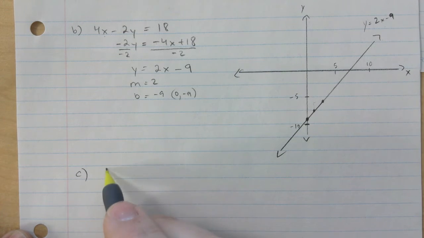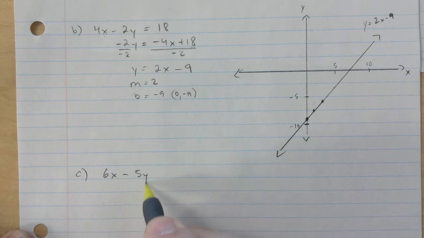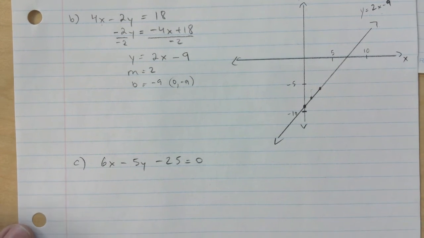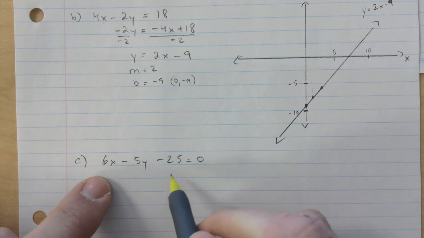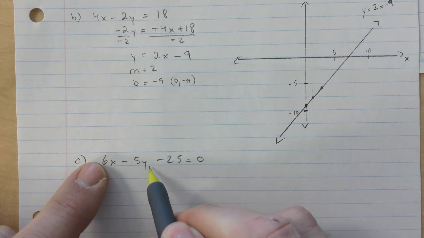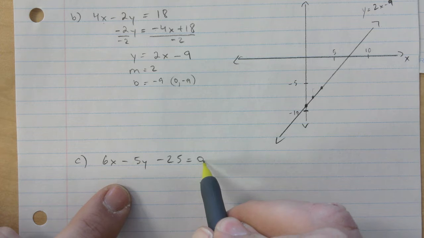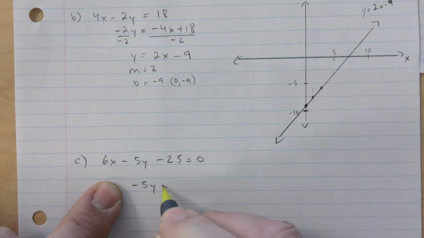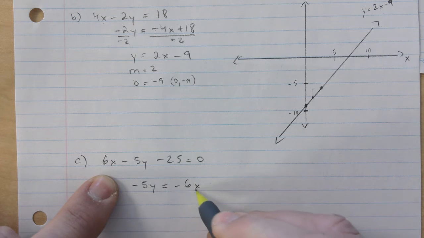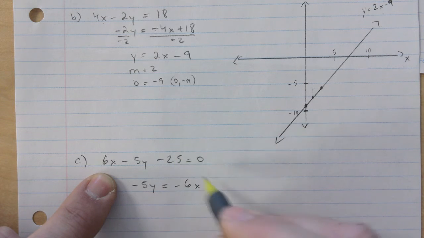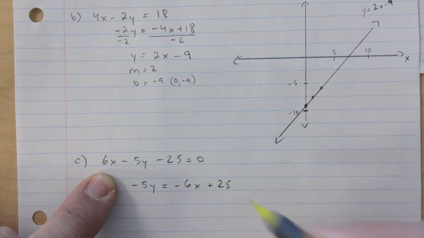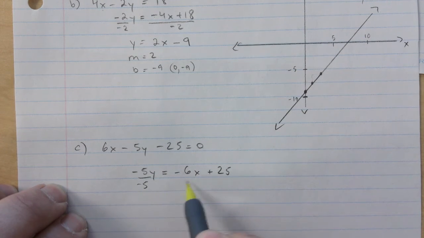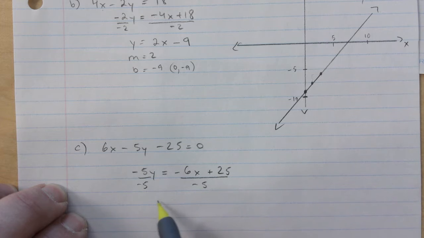Okay, next, C. C would have been 6x minus 5y minus 25 is equal to 0. Here, everything is on the left side, so we want to bring everything other than y over. So negative 5y is equal to negative 6x, and this comes over positive. Then you divide everything by negative 5.